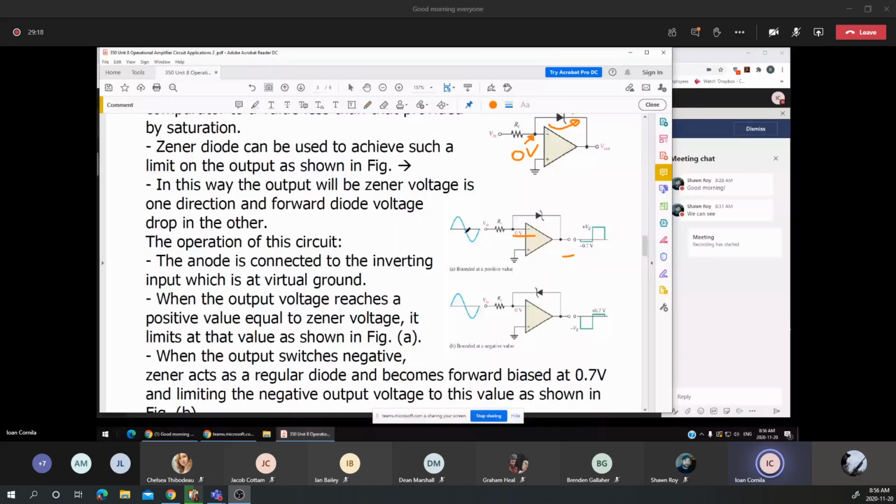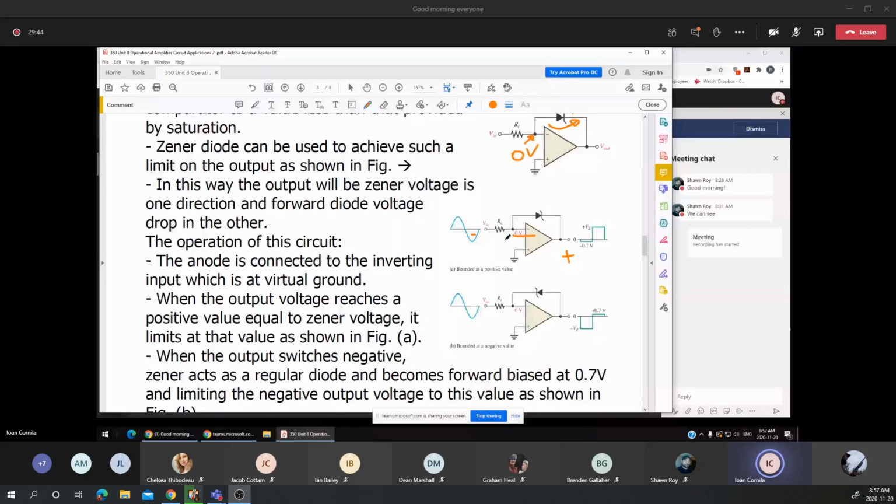If the voltage is below the x-axis, it will have a negative voltage applied to it. If the voltage is negative, the output will be positive. Now I'm applying a positive voltage on the cathode, and the anode is connected to zero, the virtual ground.